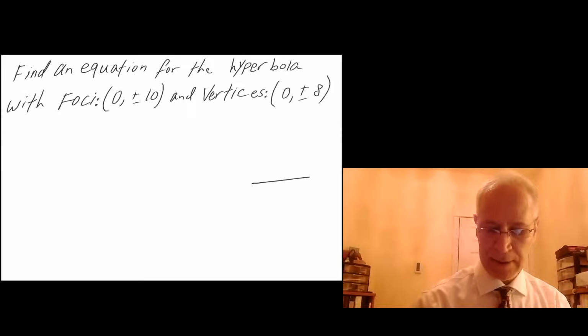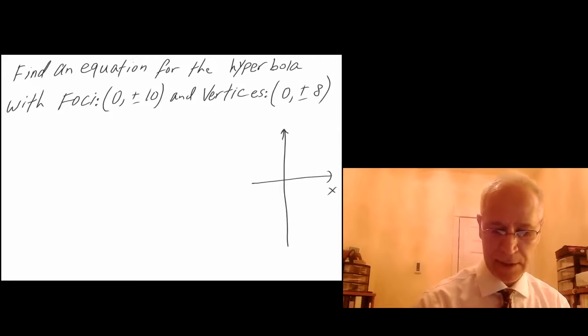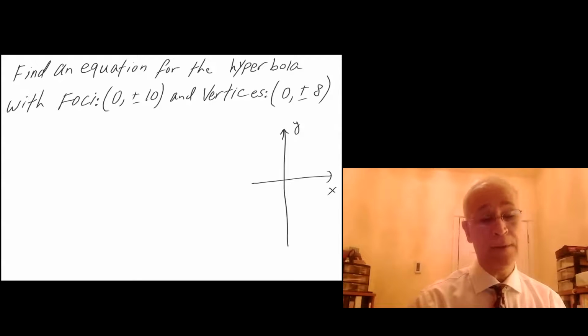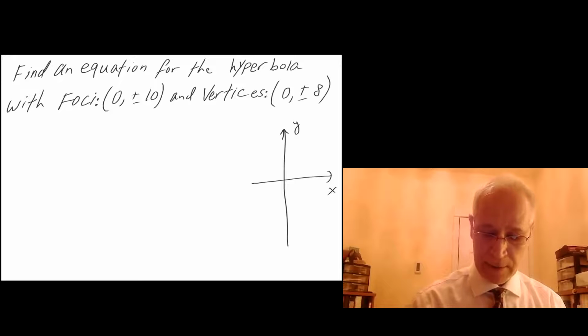That means that if this is x and this is my y-axis, then the vertices are at positive 8, negative 8, and the foci are at positive 10 and negative 10. So my hyperbola is looking something like this.